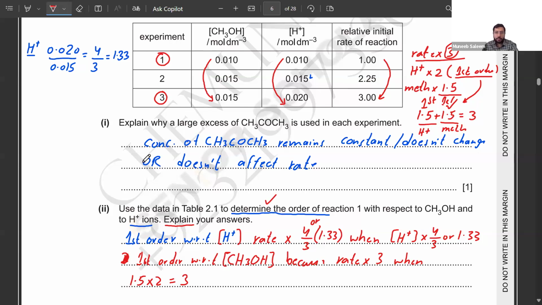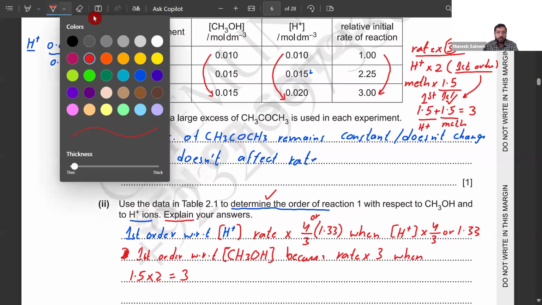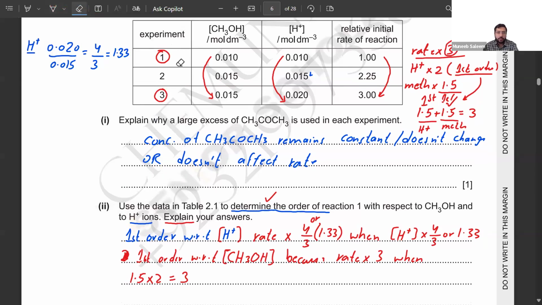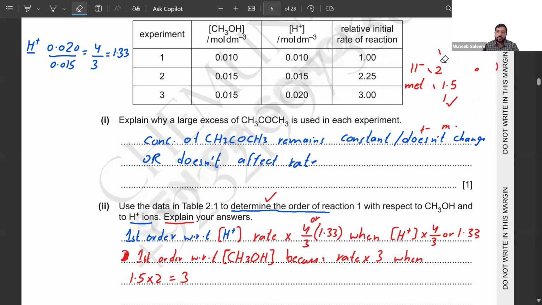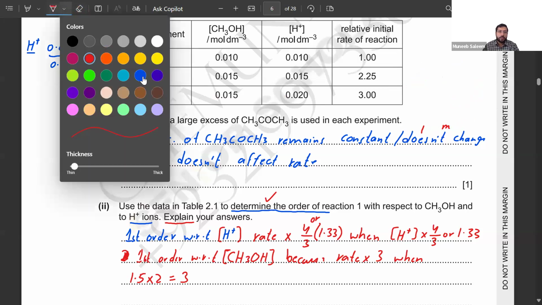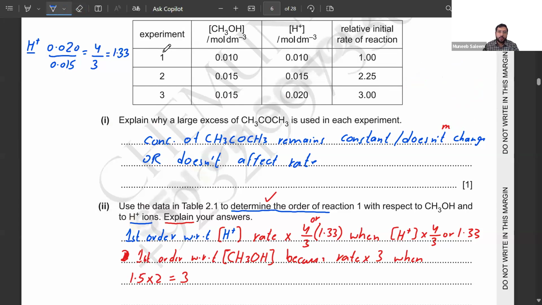So the other way around is to consider the other 2 experiments. Now in this case, I'm going to use experiments number 1 and 2.